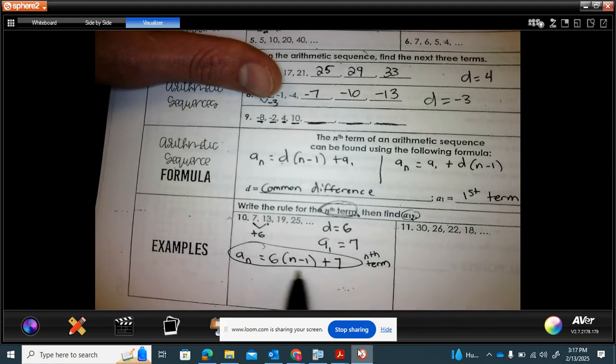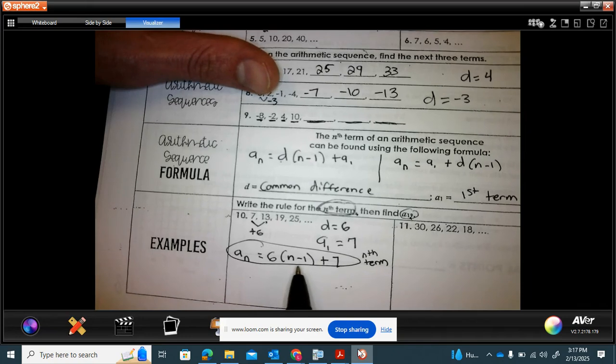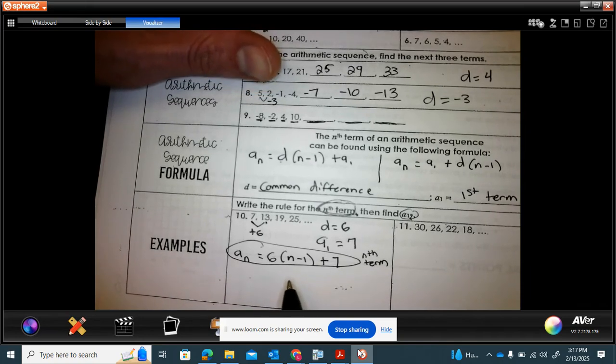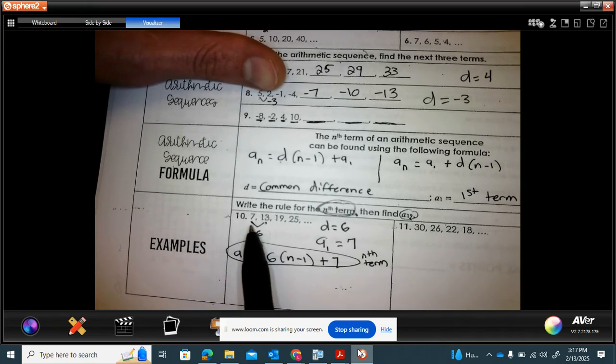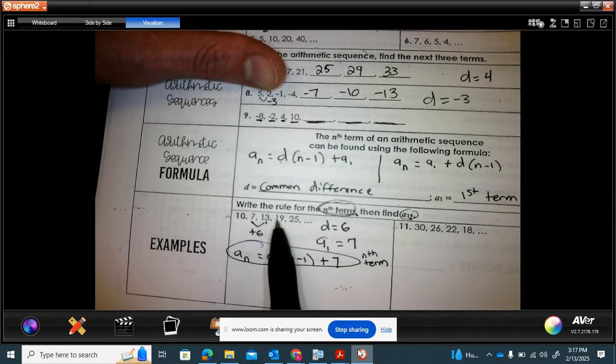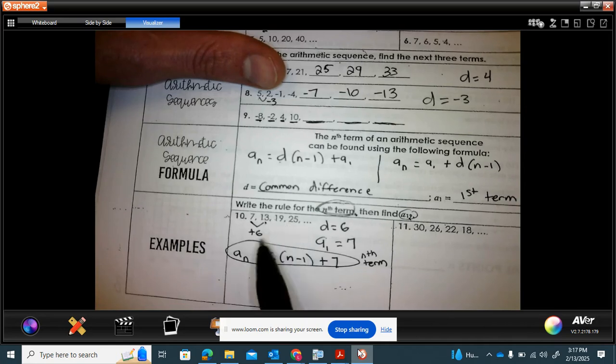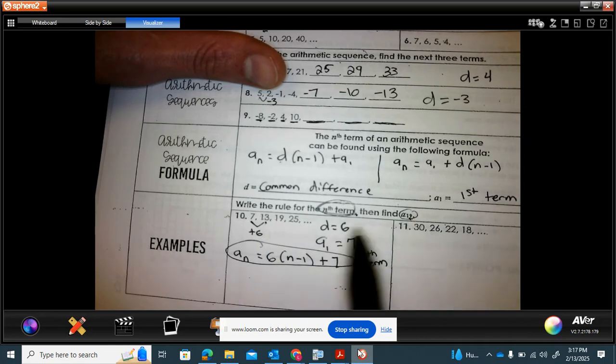And basically, this formula can then be used to find any term in the sequence. So 7 is our first term, 13 is our second term, 19 is our third, 25 is our fourth term. So to find the 19th term, we could continue to add 6 until we get to the 19th term.